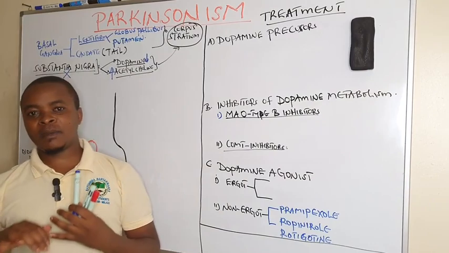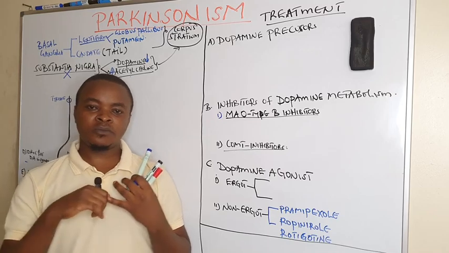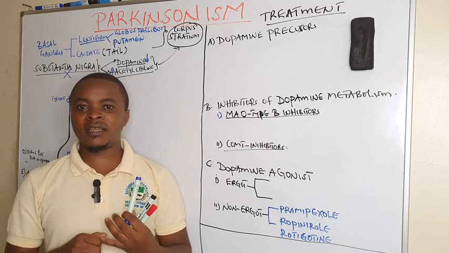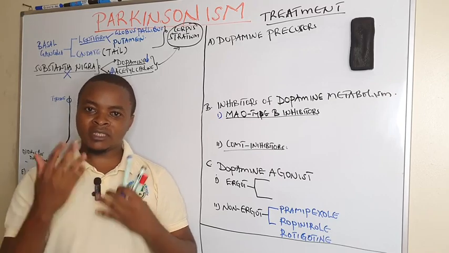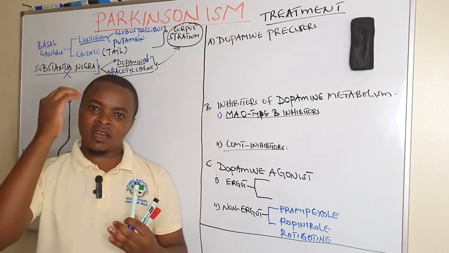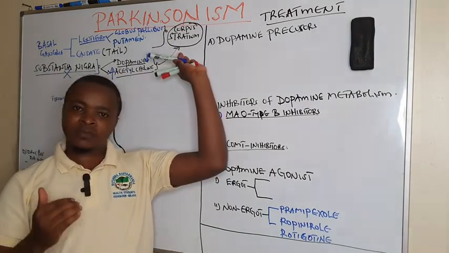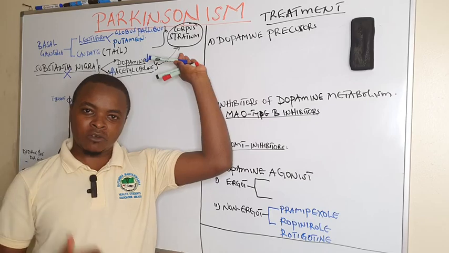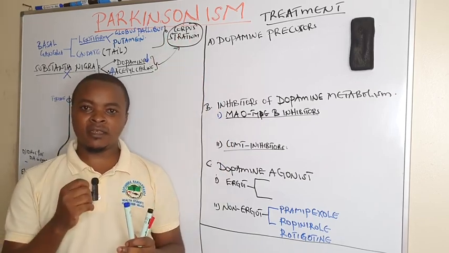Note this, that Parkinson's is due to the degeneration or failure of substantia nigra to release dopamine. And because it is failing to release enough dopamine, we are going to see levels of dopamine in the brain which controls the corpus striatum go low, whereas acetylcholine goes high.